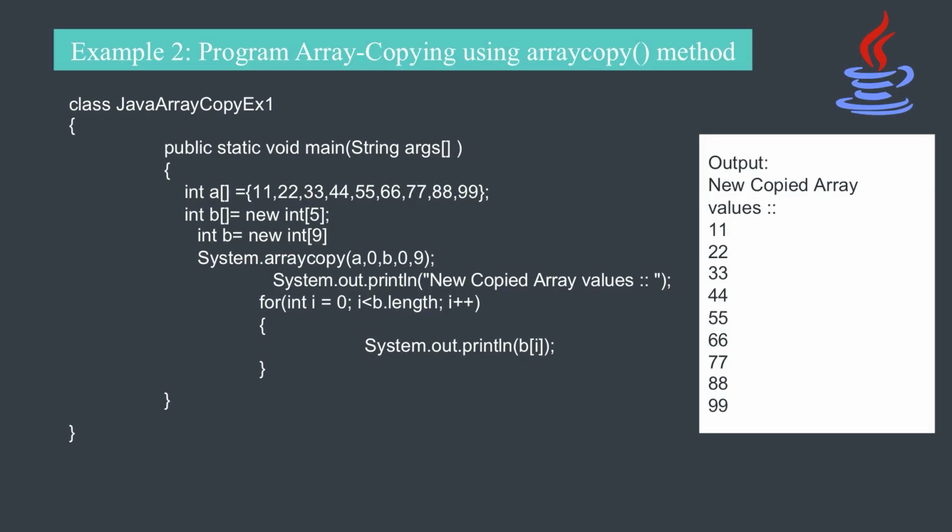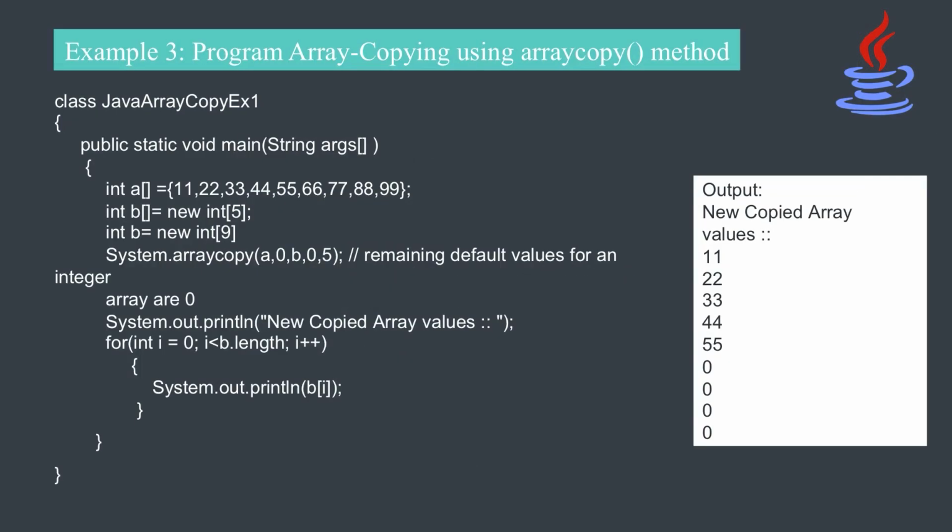0th to 8th index, total 9 elements. Next I will take the third case: System.arraycopy from array A, 0th index, copy into array B from 0th index, only 5 elements, so the remaining elements will be default values.